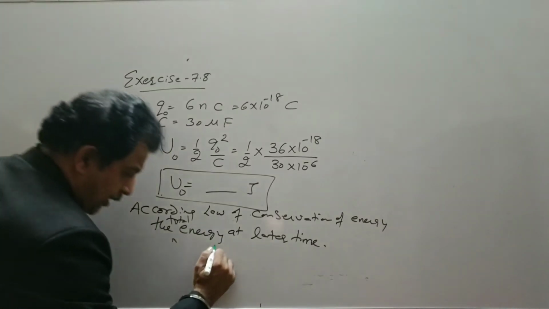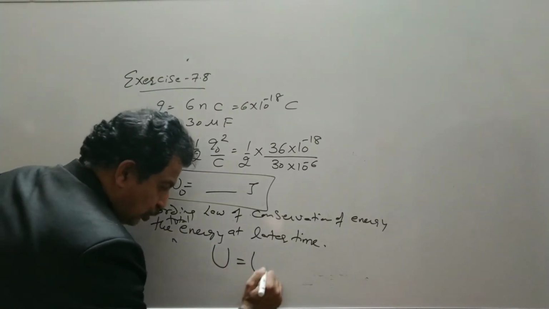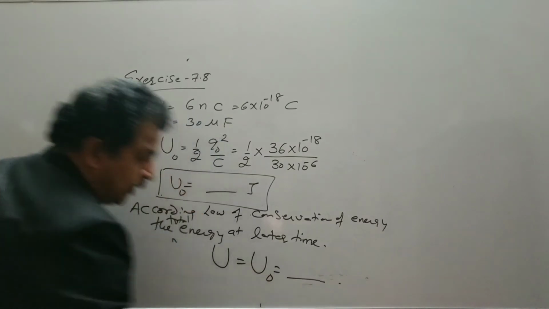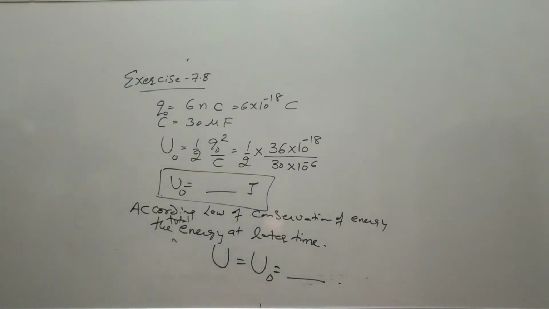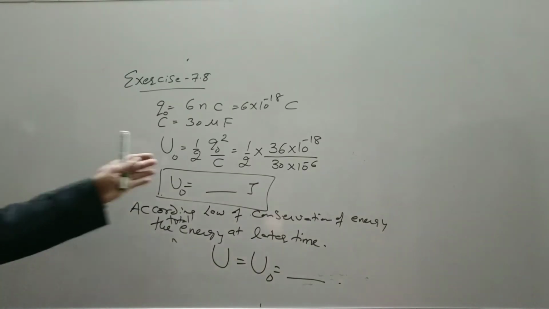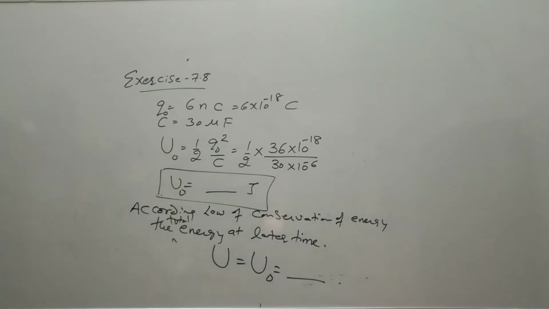So the total energy at any instant will also be equal to U naught, that is the initial. So at any instant the total energy of the LC oscillation circuit always remains constant. That is what we have discussed in the previous example.